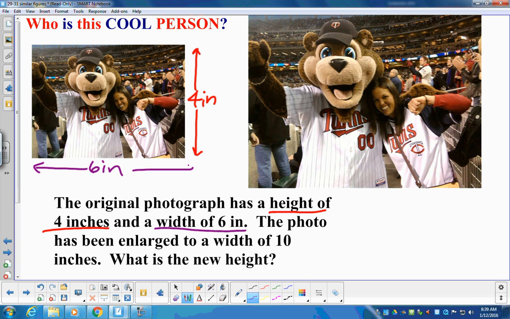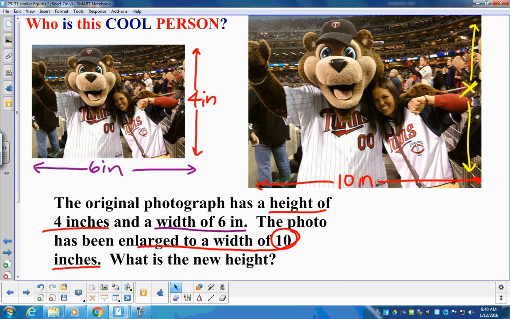You're just kind of watching what's going on until we get the setup. As I continue to read, it says that the width has been enlarged to a width of 10 inches. So 10 inches is my new width. What is the new height? Our unknown then is, what is this? Cross product solve. Go. Everybody solve.